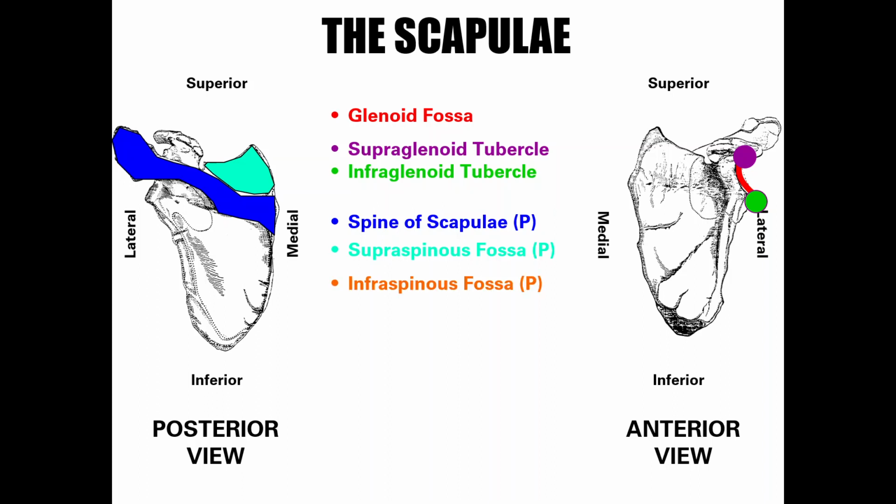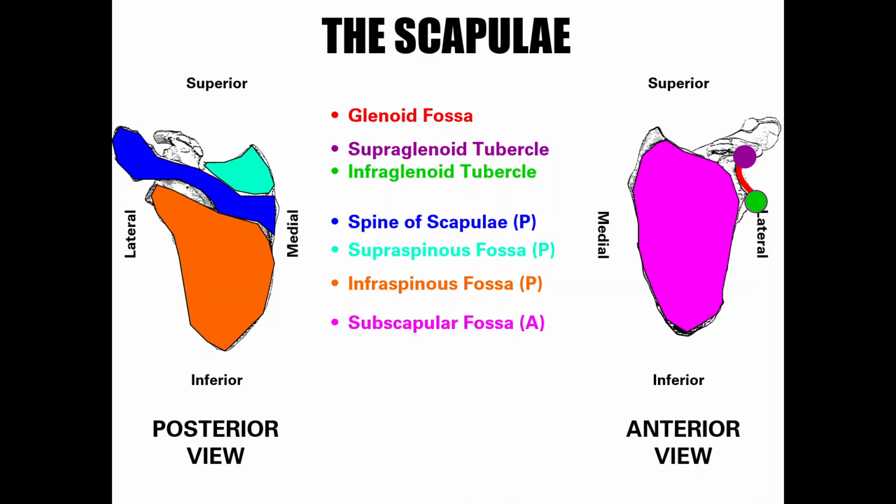And then, of course, we will have the infraspinous fossa, which is below the spine of the scapula, again, on the posterior side, as indicated by the P's. Then on the anterior side, we have one large fossa, which is called the subscapular fossa. And these are going to be the attachment points for the supraspinatus, the infraspinatus, and the subscapularis muscles, which make up the rotator cuff.